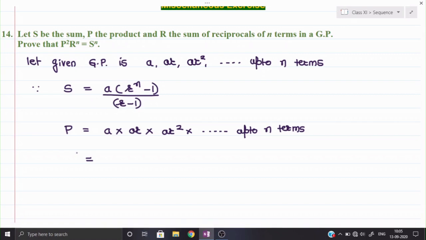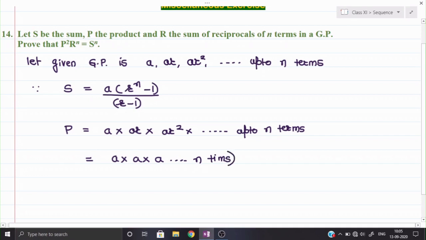So if you multiply 2 n times, that will definitely be 2 to the power n. So here if I multiply a up to n times, I get a into a and so on, going up to n times.